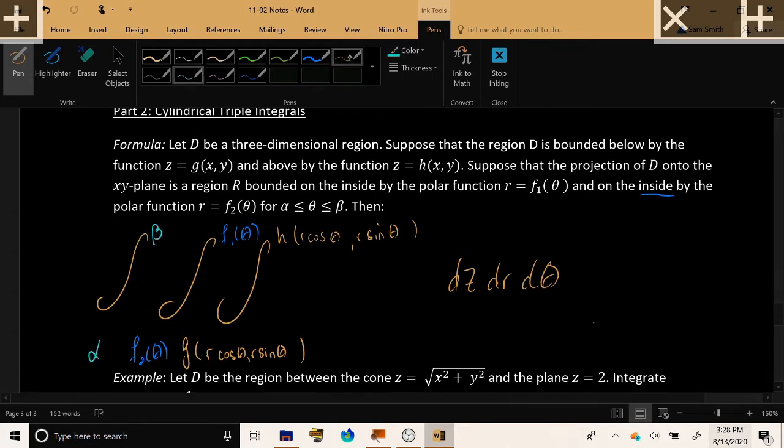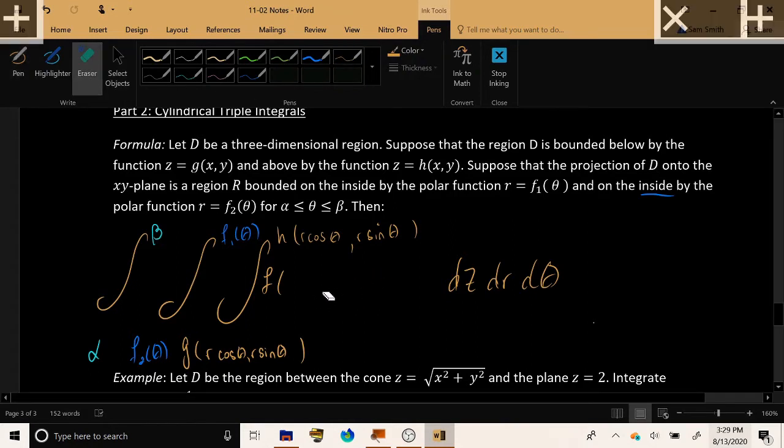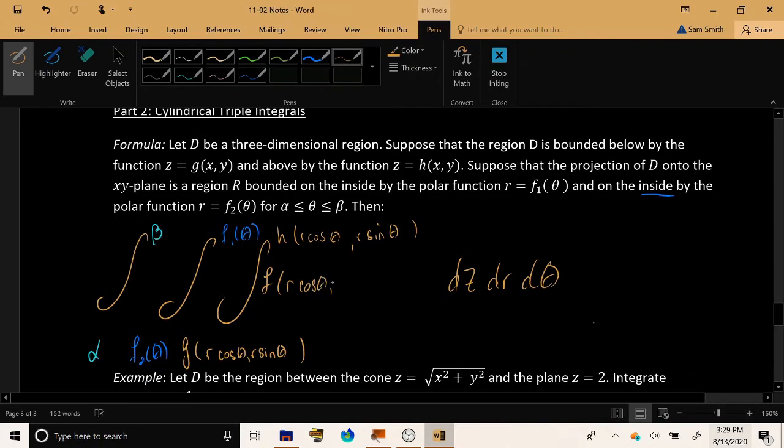Now our integrand as well, we can't write f of x, y, z, because the coordinates x and y don't appear in polar or cylindrical coordinates. So instead we go through and we replace every x by an r cosine theta and every y by an r sine theta. But z gets to stay.